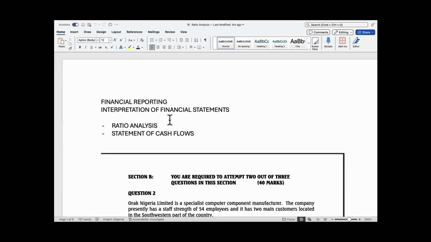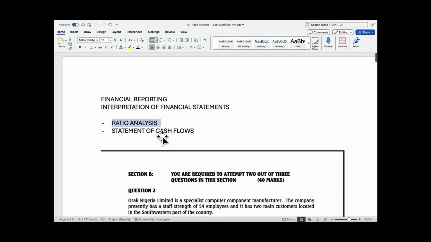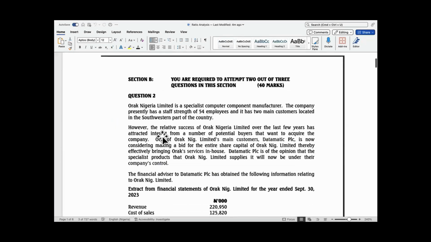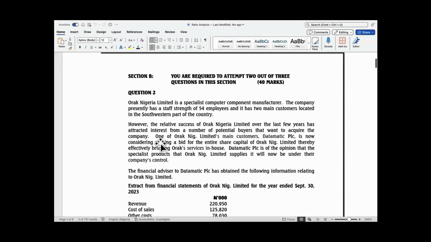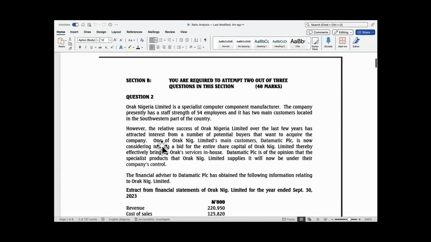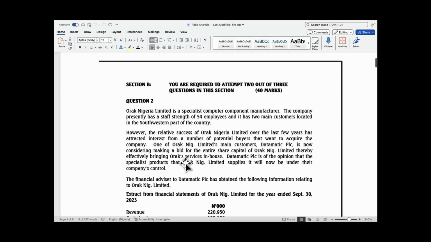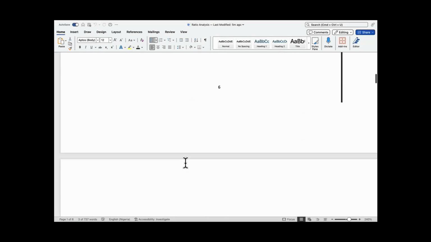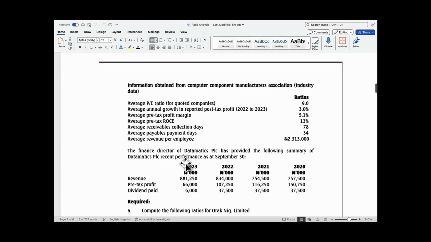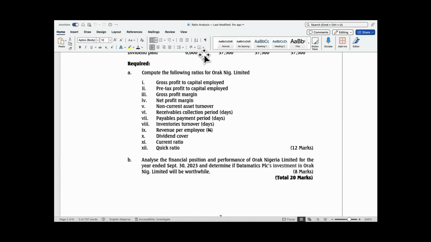So last week we started looking at ratio analysis, and we used the past question approach. We solved last diet question on Oracle Limited, and I taught you that when you're faced with most of these exam questions, the first step is to look at the requirements of the question.